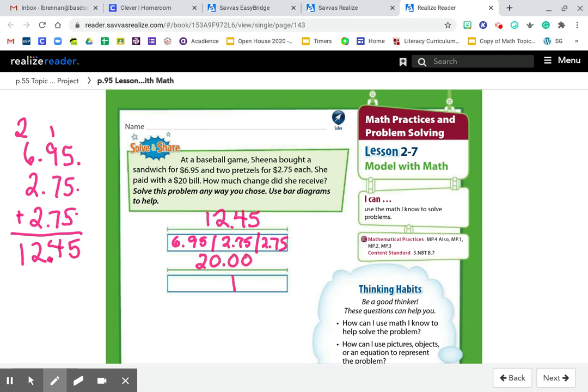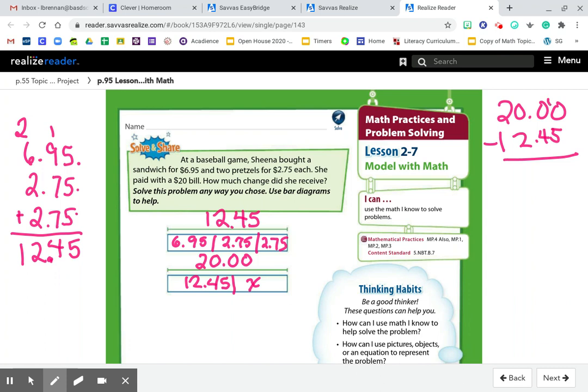Now she's paying with a $20 bill. And we know she spent $12.45. So we're trying to figure out how much her change is. So now we have another problem, and this is a subtraction problem. On this one, we start with our $20. She spent $12.45. I'm going to subtract. We're going to have to borrow.